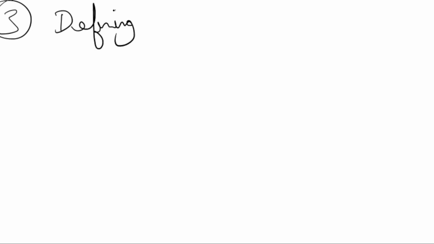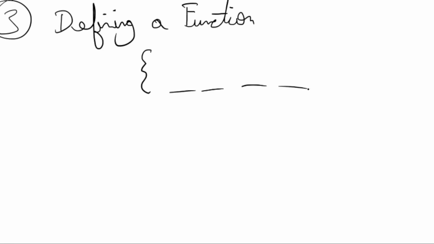Now the third one is defining a function. It is nothing but writing the logic code or program inside a function body only. Any kind of logic code or program will be written inside a function body.